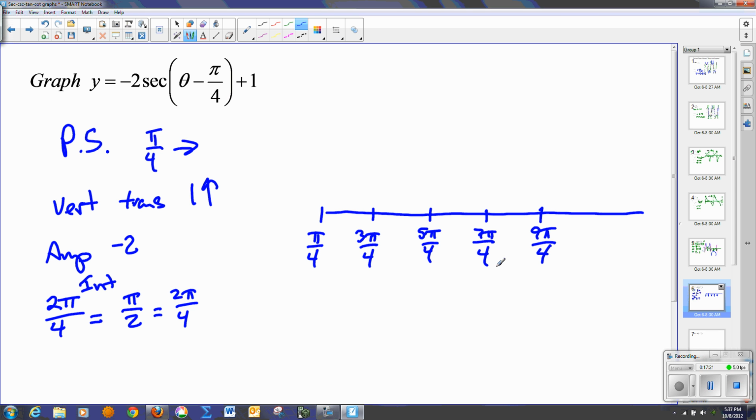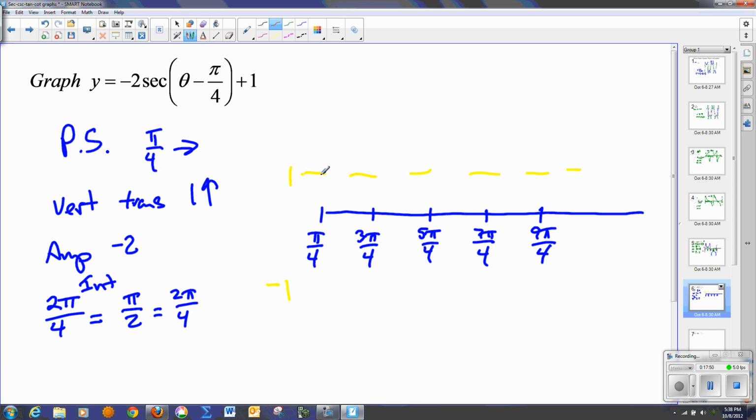We're going to graph a midline of 1 up. So if this is 1 and negative 1, my midline is going to be right at 1. And if I was to graph my cosine value from here, I would go up and down 2 because that's my amplitude.